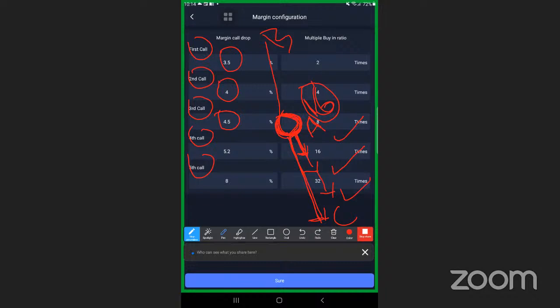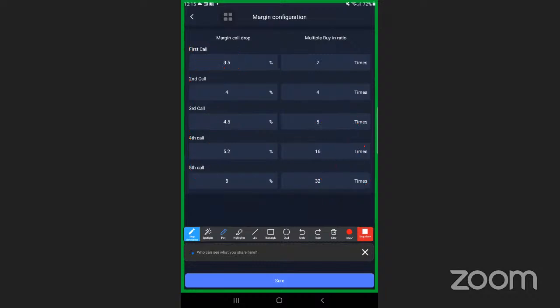A drop is a percentage that we instruct the robot to watch before it makes a purchase when price falls. From our first call to the 5th call, how do we set our margin call drop?